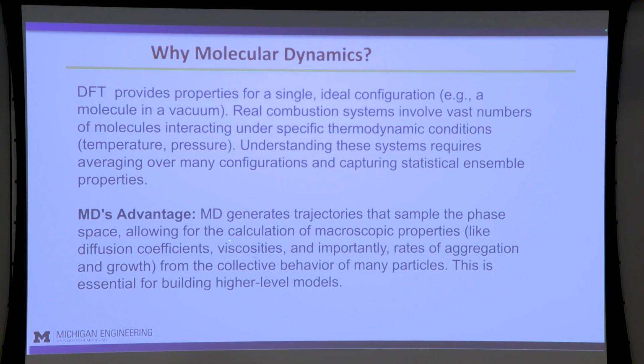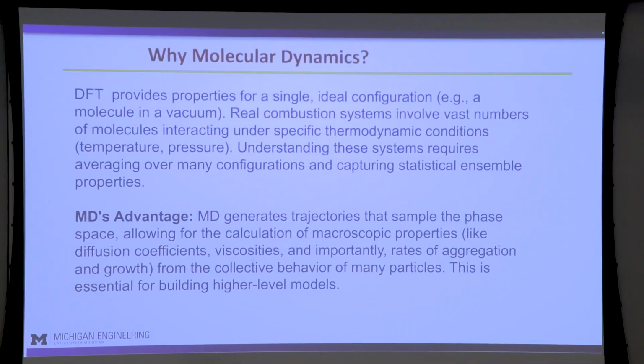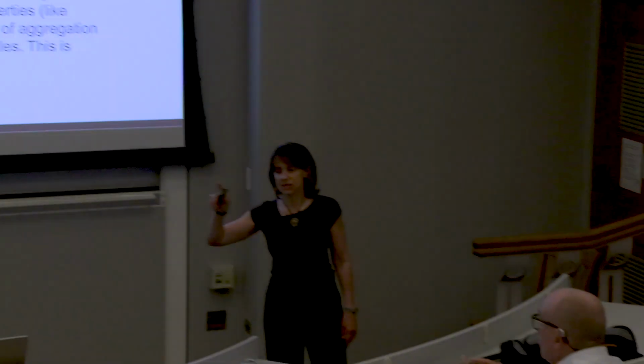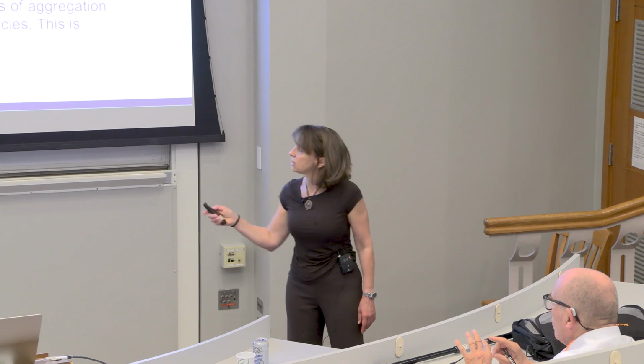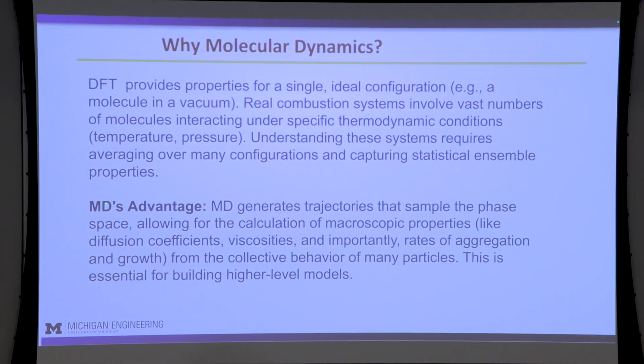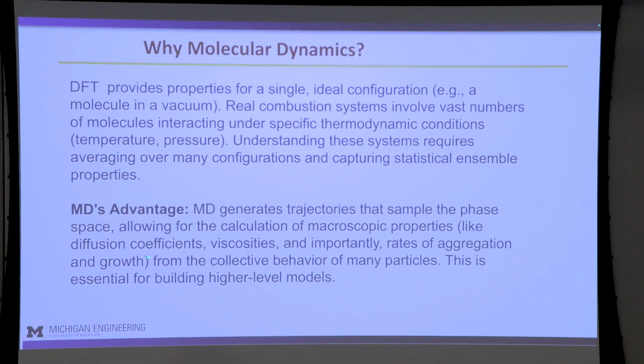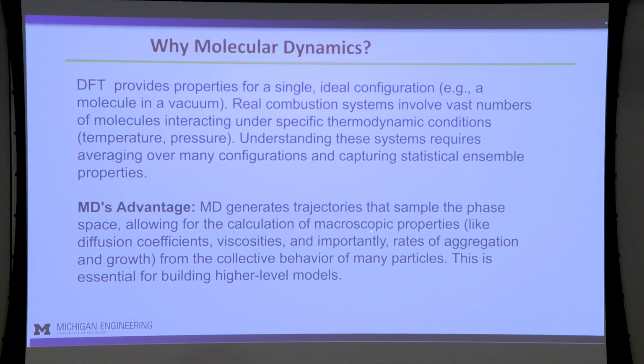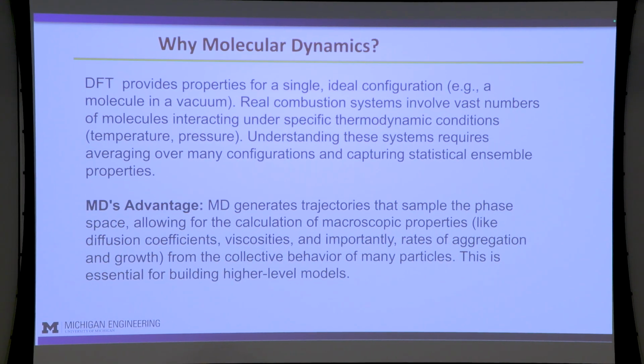So why molecular dynamics? What it does, it generates trajectories that sample the phase space. Monte Carlo samples the time, okay? Remember, we advanced in time with this. So space, this MD samples the configurations, so allowing for calculation of some of the macroscopic properties that you might be interested in.